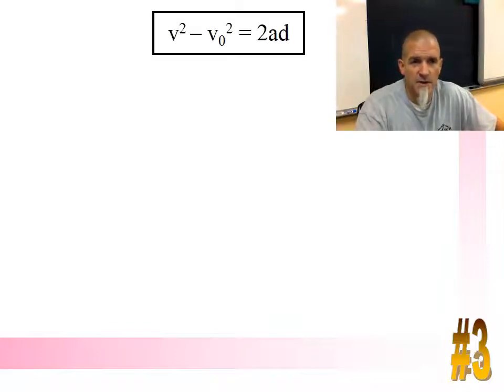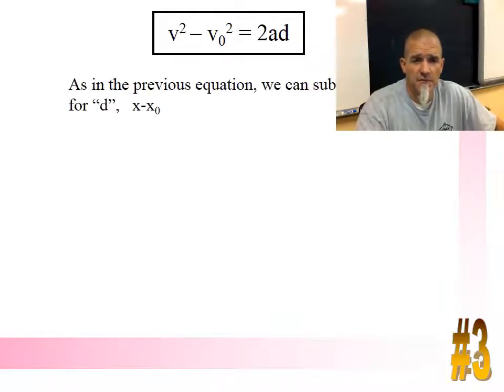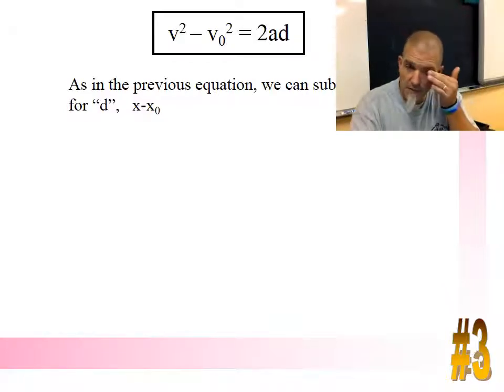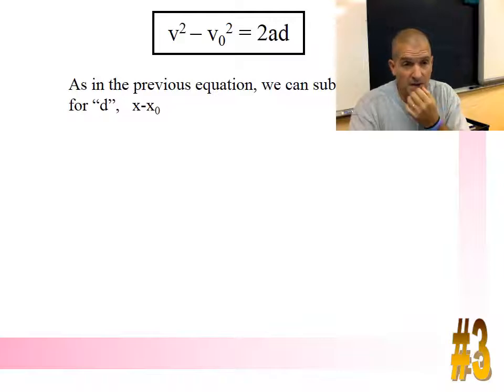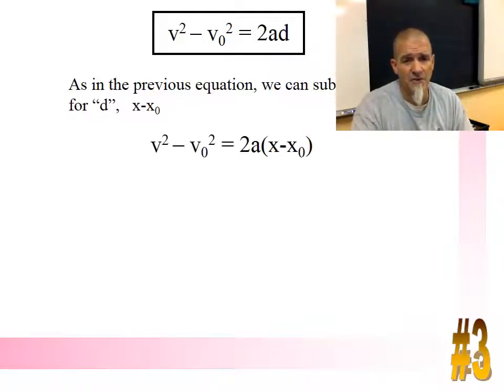Now, just as with the previous equation, equation 2, it doesn't show up in that form on our equation page. Equation 3 does not show up exactly like that on your equation page either. You won't find this exact equation on your AP equation page. It's in a little bit different form. And just as in the previous equation, it's not written in terms of d, it's x minus x0. The AP equation page substitutes in x minus x0 for d, so it's this.